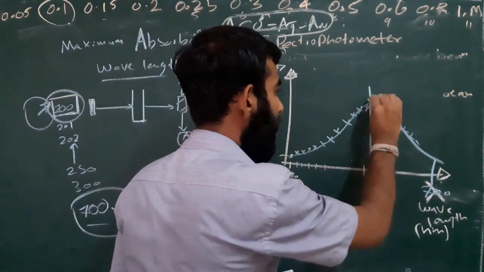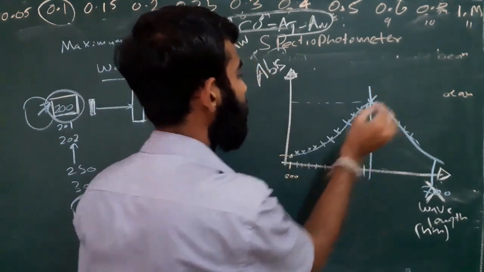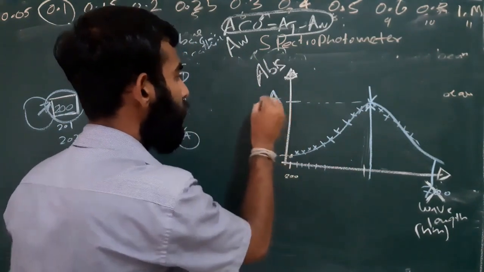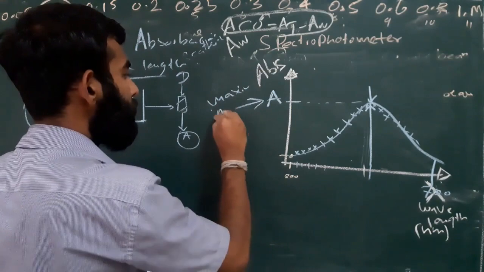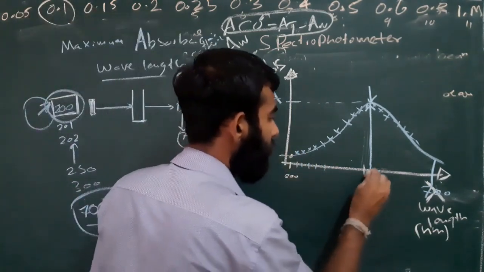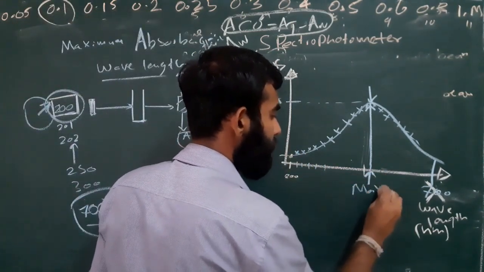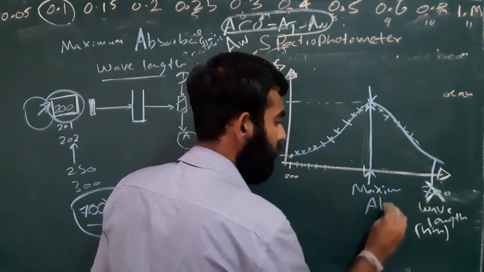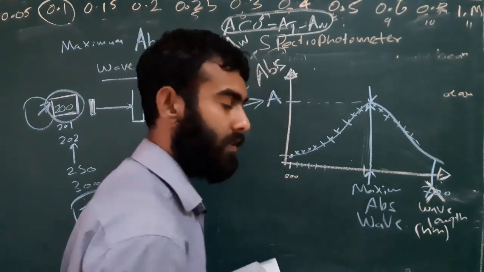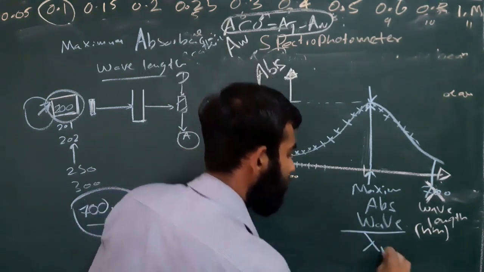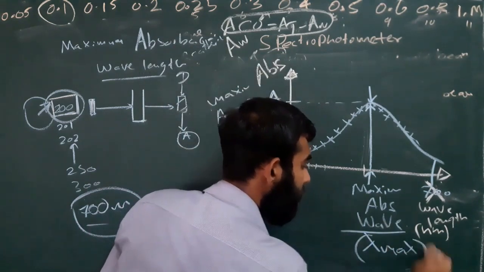At one point absorbance will be maximum. This is called maximum absorbance, and this is called maximum absorbance wavelength. In other words, lambda max. This is the lambda max.